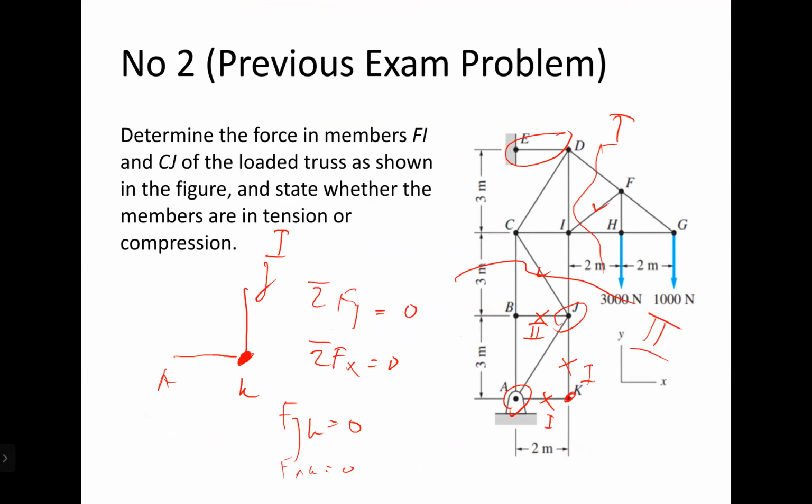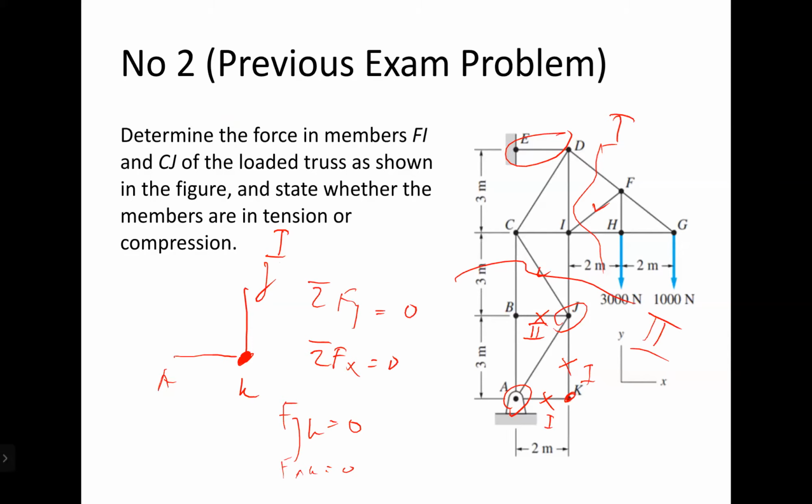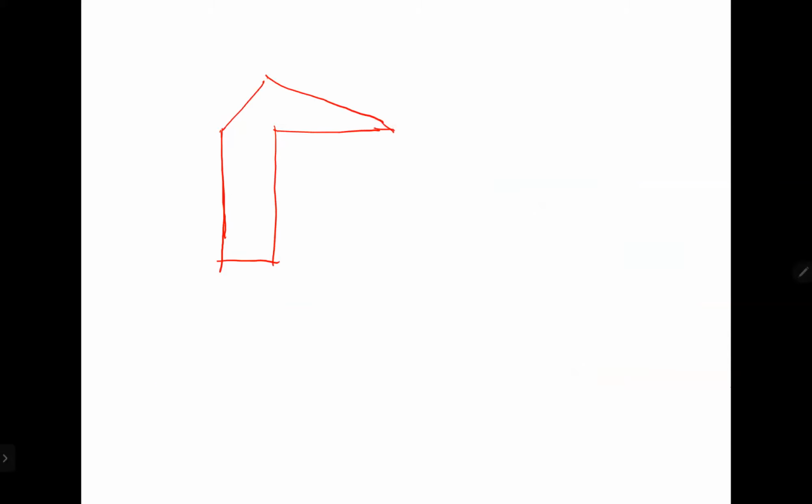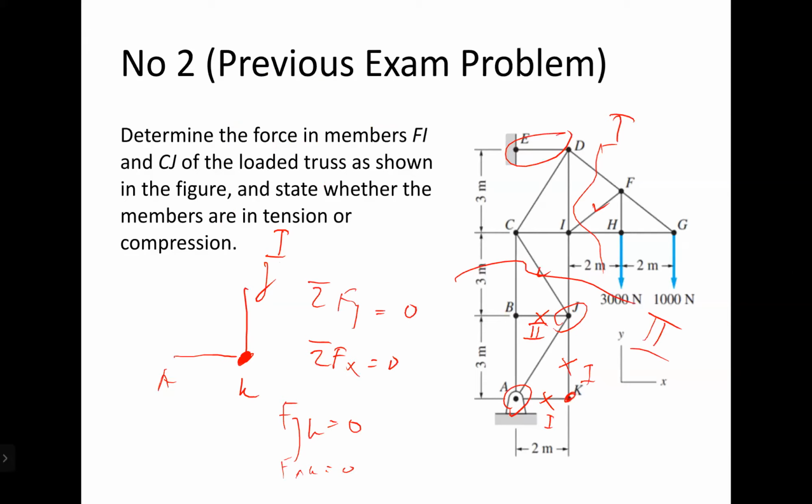So our free body diagram to solve for the external force can be like this. At A, there will be AX and AY.